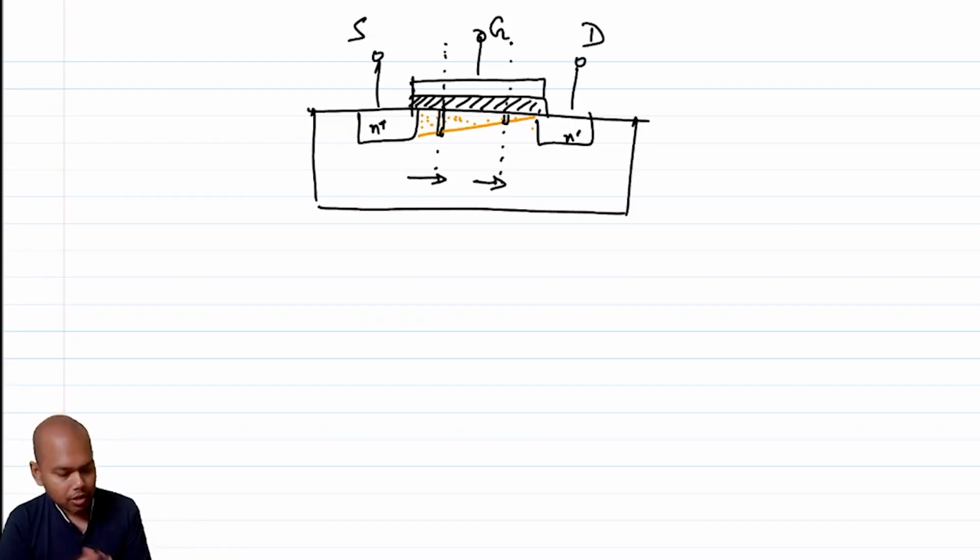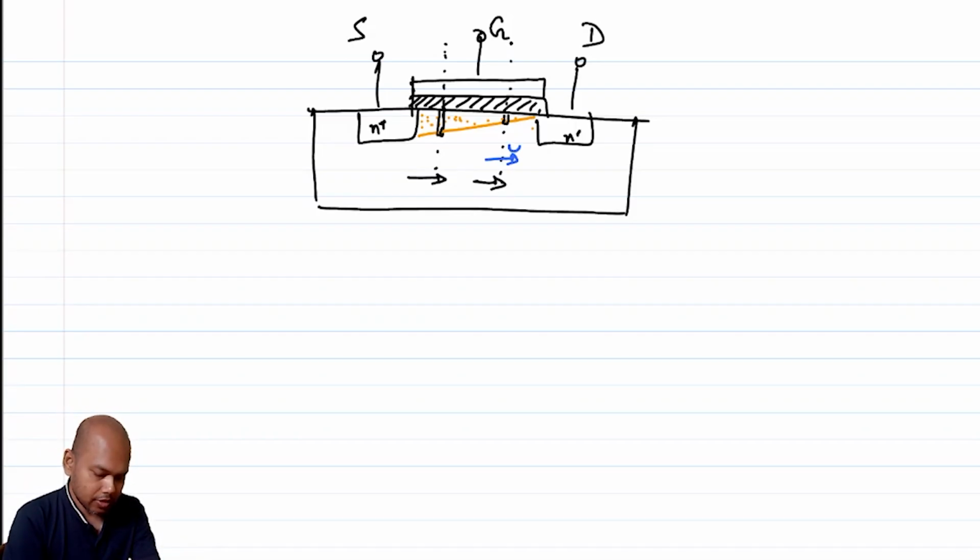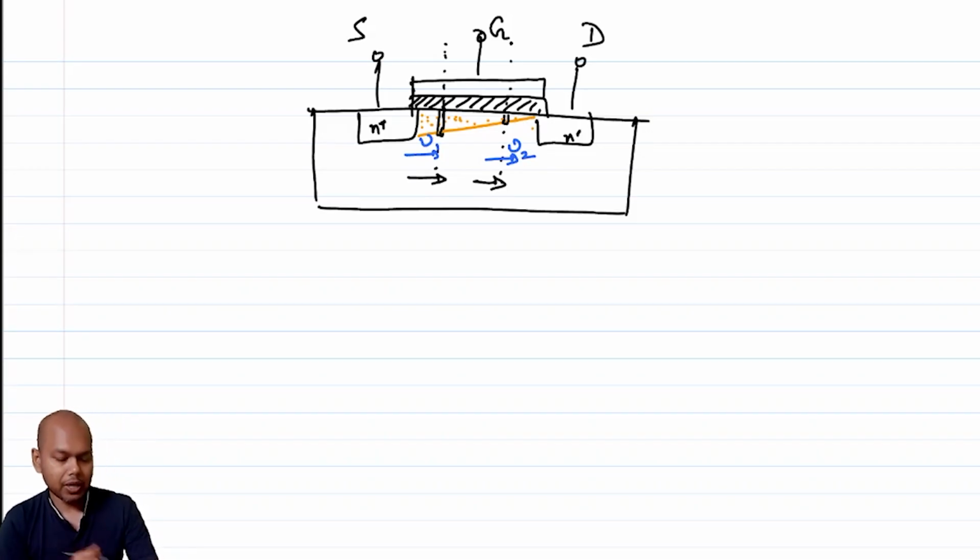The only possible solution is the speed of the electrons, the velocity of the electrons here. Let's say I call this V1 and I call this V2. So clearly the velocity of the electrons at V2 is greater than V1, right?